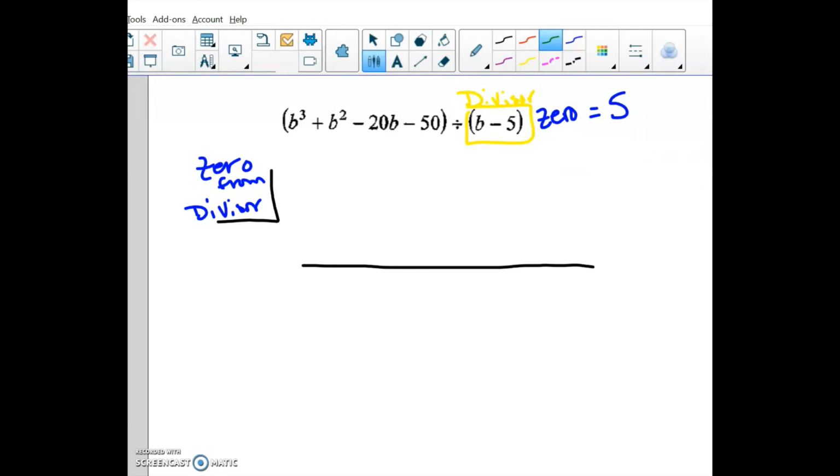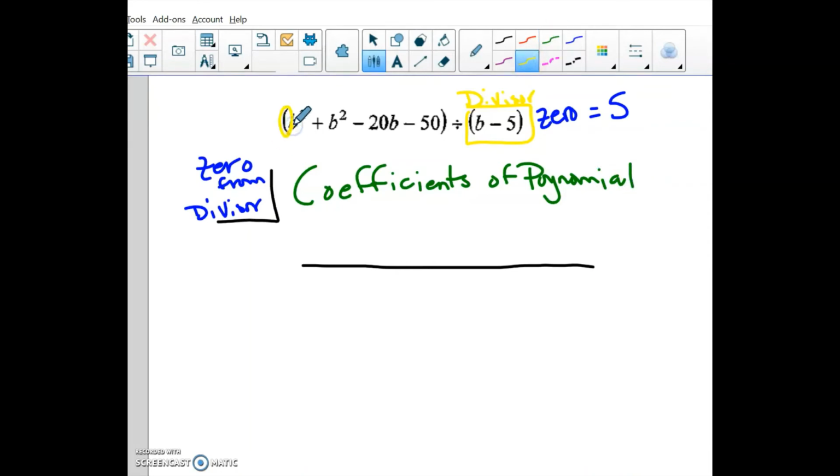Next to the zero from the divisor, we're going to put the coefficients from the polynomial. Those coefficients are 1, 1, negative 20, and negative 50. So these are the coefficients right here.